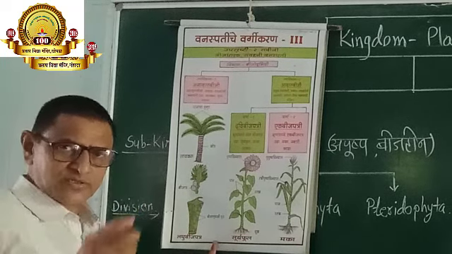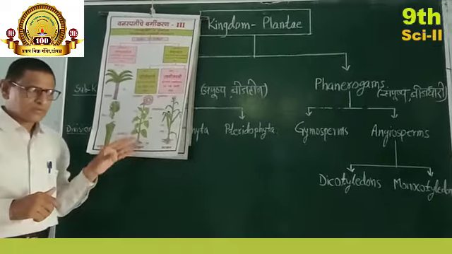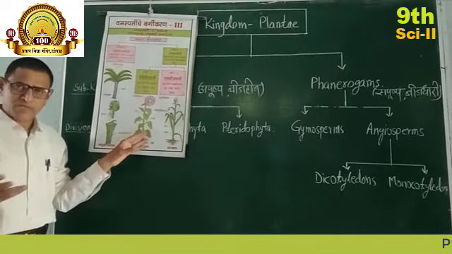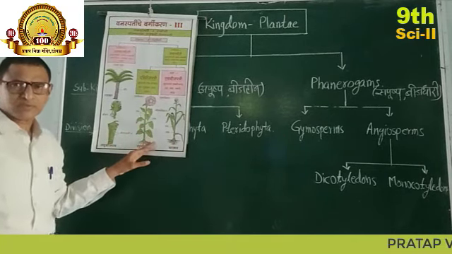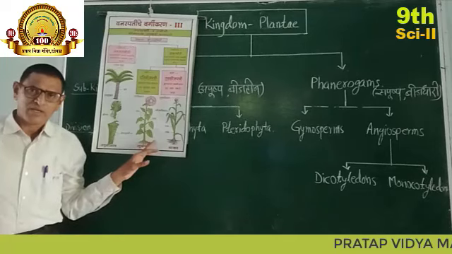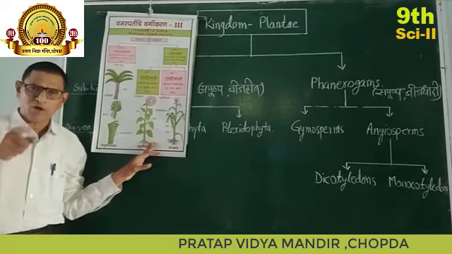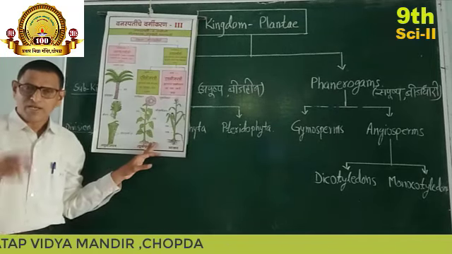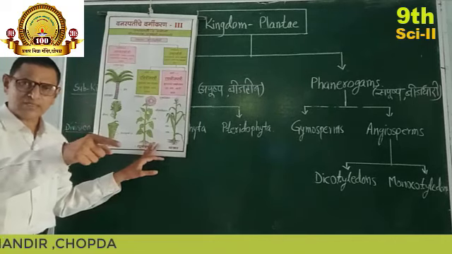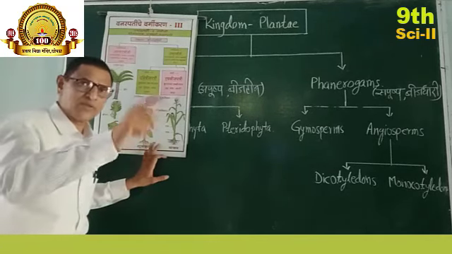The next characteristic of these plants is that the male flowers and female flowers are present on a special type of leaf, that is sporophyll. If the male flower is present, it is called a microsporophyll. If the female flower is present on that particular leaf, then it is called a megasporophyll.